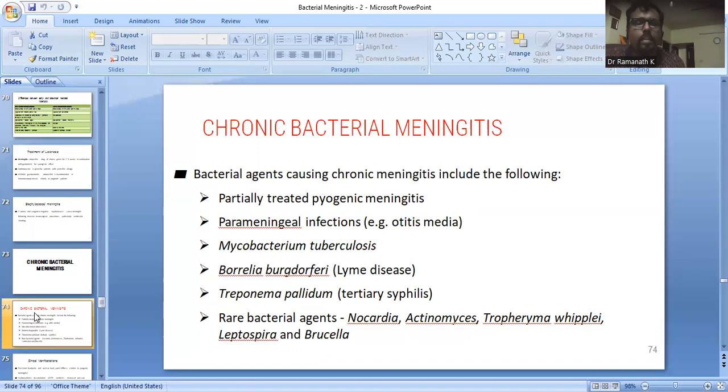Bacterial agents like Mycobacterium tuberculosis, Borrelia burgdorferi, Treponema pallidum, Nocardia, Actinomycetes, Tropheryma whipplei, Leptospira, and Brucella can also produce chronic bacterial meningitis. We will study this in detail.